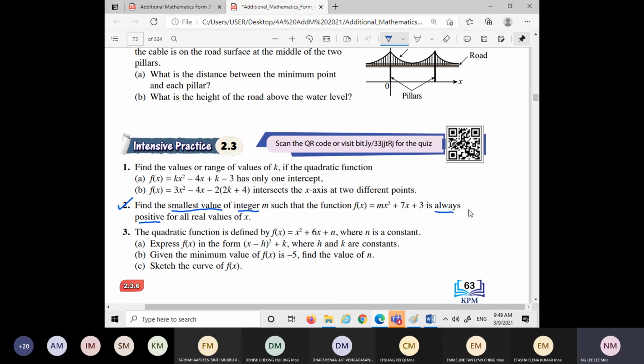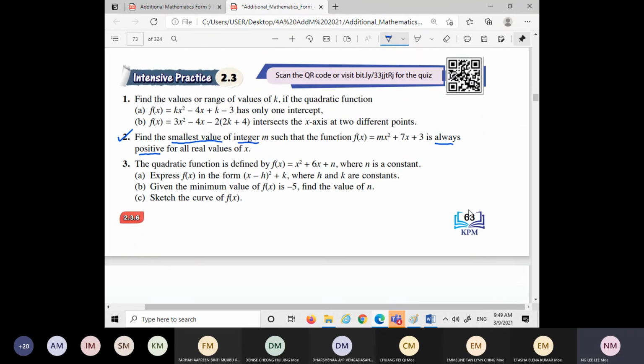I try the discriminant is always smaller than 0. So this is the A, this is the B, and this is the C. B squared minus 4AC is always smaller than 0. Because this question doesn't ask for the range.